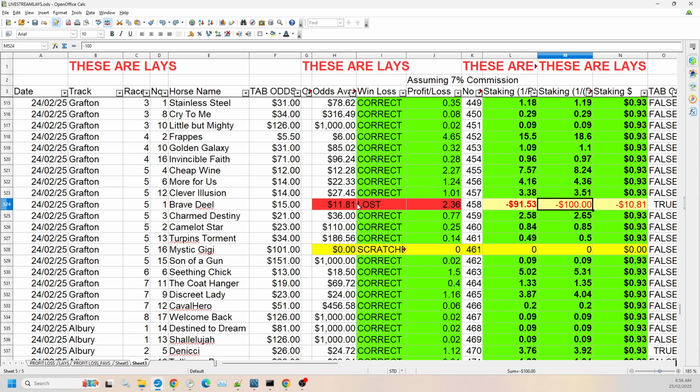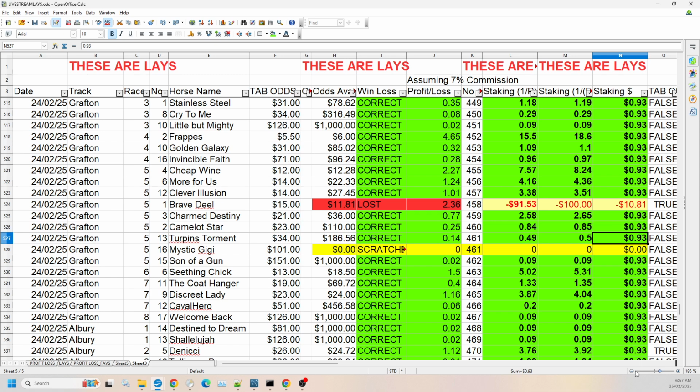And obviously these odds, while not high, are not low either. So it still impacts these first 2 a bit more dramatically than it would the last 2 staking approaches. And you'll see on the last 2 staking approaches, it only cost $10, which is only recovered after another 10 selections.